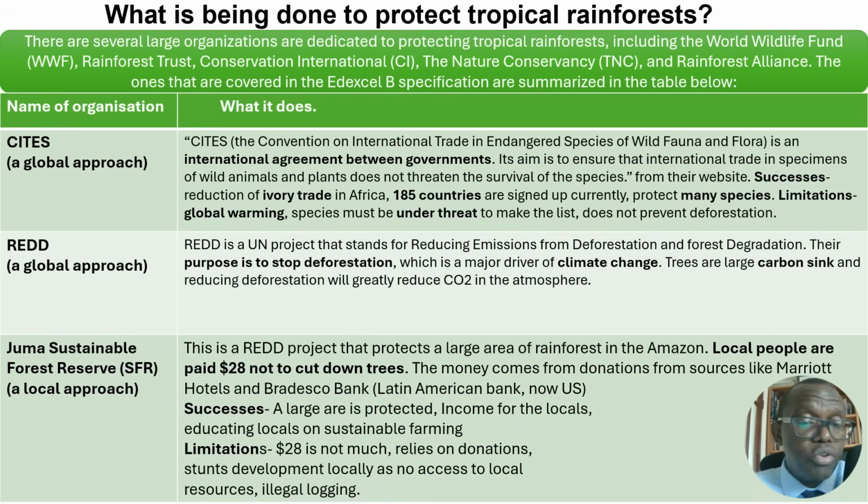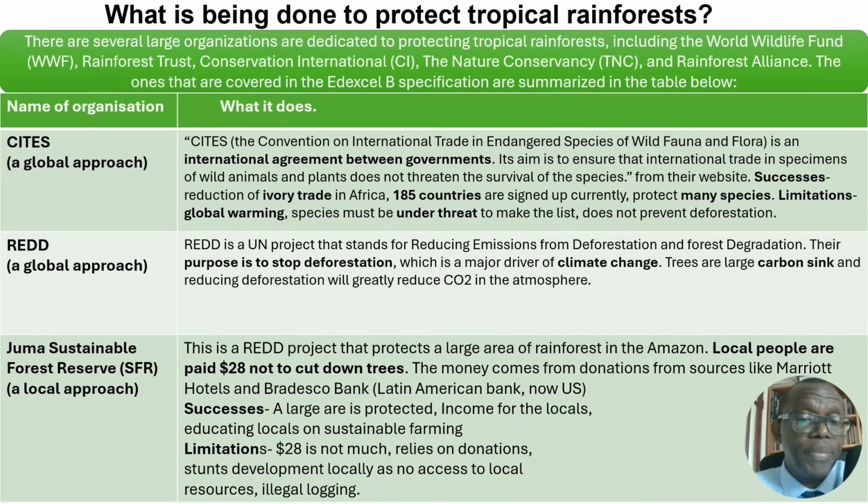Ivory trade is where people trade elephant tusks. And obviously, when they are doing that, they are killing the elephants and endangering the elephant species. And CITES has been very successful in reducing the ivory trade, which is a really good thing.